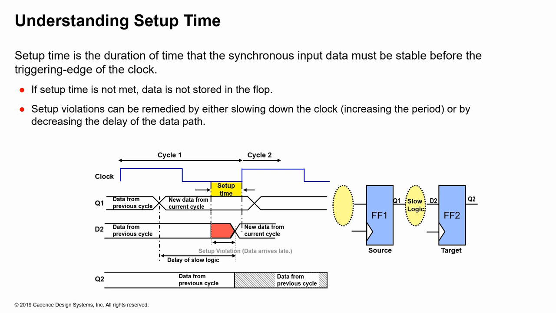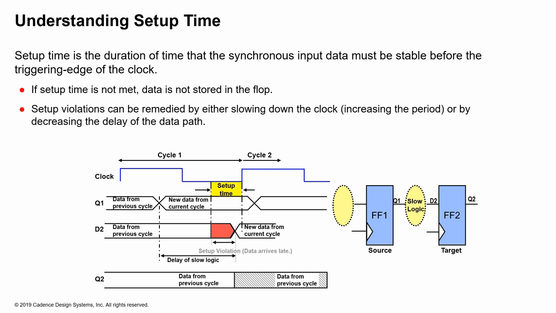If you look at the illustration below, there is some slow logic, and the data is going from Q1 to D2. The data is being transferred from flop 1 to flop 2, and the D2 signal is changing before cycle 2 starts, which is the clock edge where the data can be saved into flop 2.